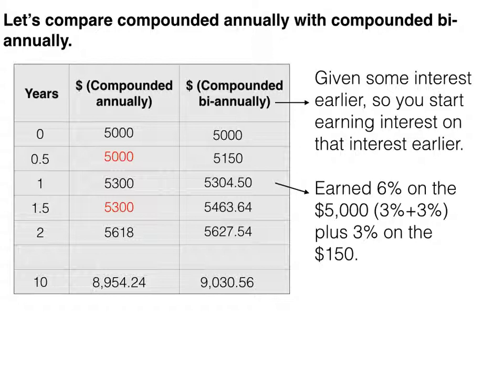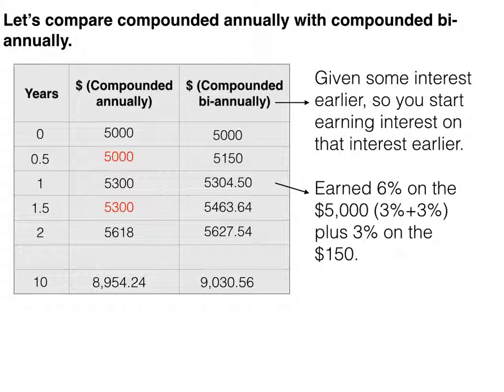Why? Because we had 3% and then another 3% for a total of 6%. But we've also earned 3% on that extra $150 that we earned. So not only are we earning our 6% on the 5,000, but we're also earning 3% on the 150. That's why we have more money.